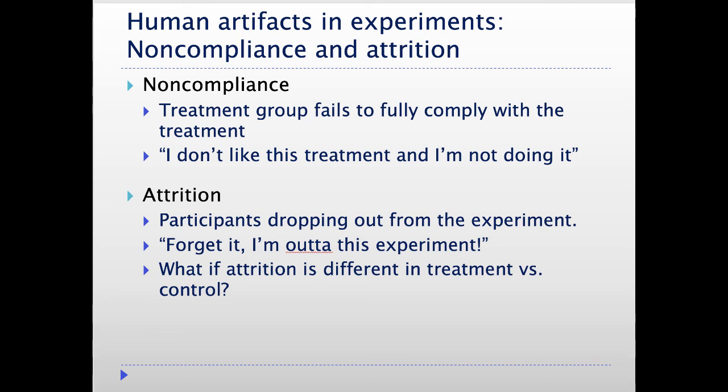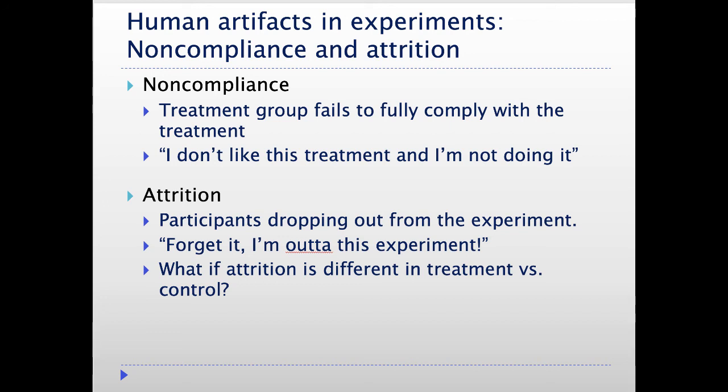There's also attrition, people just dropping out of the experiment. They get sick of answering questions. They don't have time for this, whatever. Or the researchers lose track of them when they move. They try and develop ways not to, but they do. So you want to think about attrition.